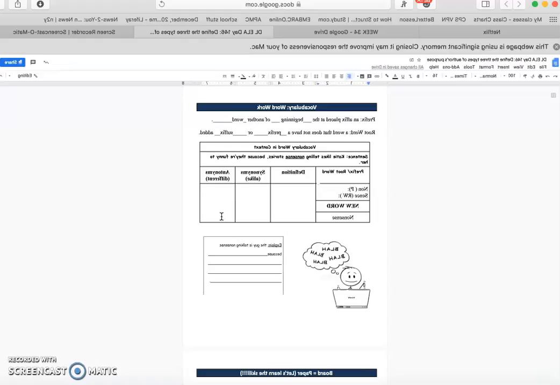Now, I want to think about nonsense. Non. What could non mean? Now, if I were to look up the meaning of the word non as a prefix, we would get the word not.